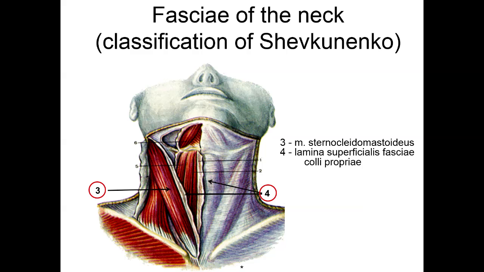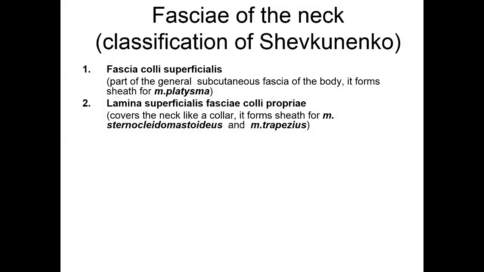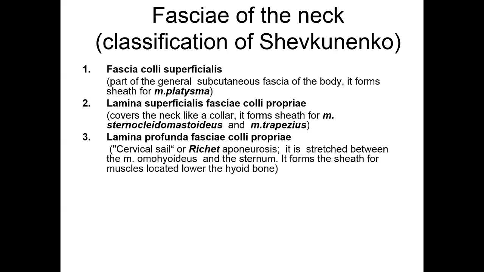Then number 3, lamina profunda fascia colli propria. Lamina profunda fascia colli propria, we can say it forms the cervical sail, or according to the author's name, aponeurosis of Riche.